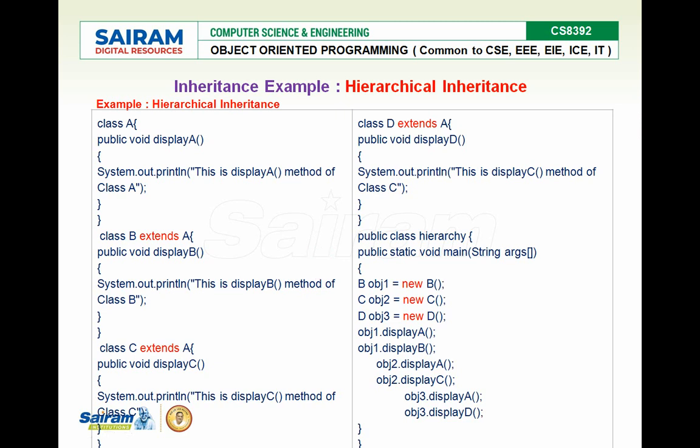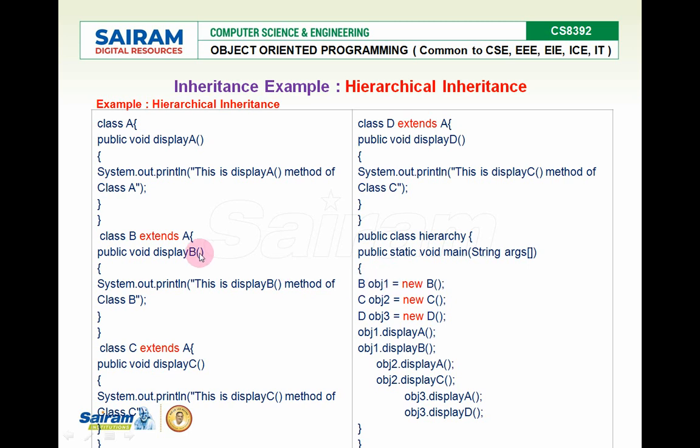So I'm creating the derived class objects: obj1 for B class, obj2 for C class, obj3 for D class.